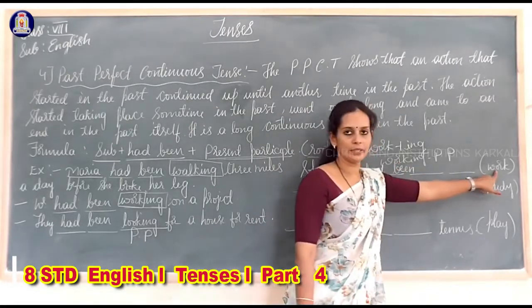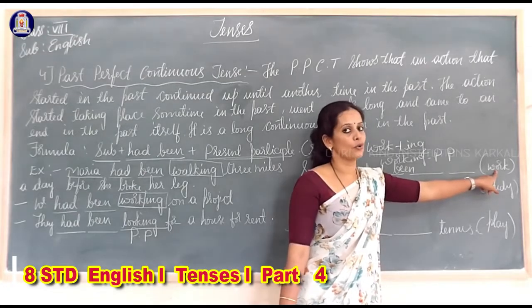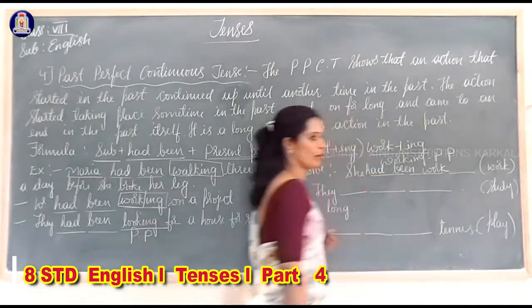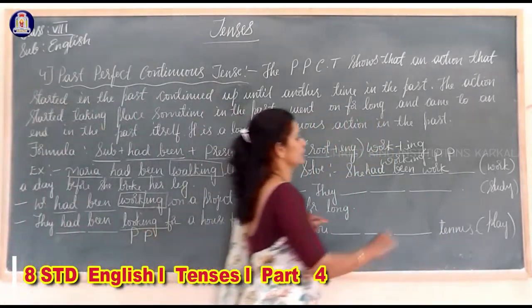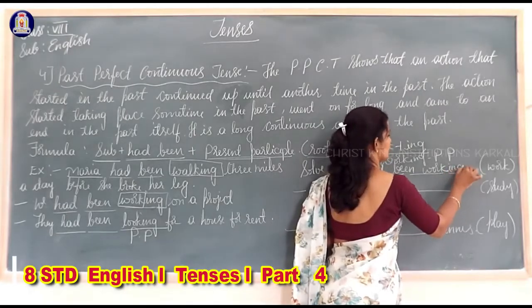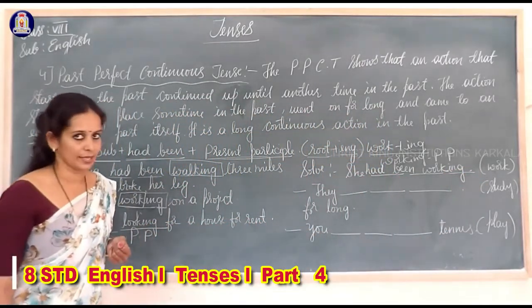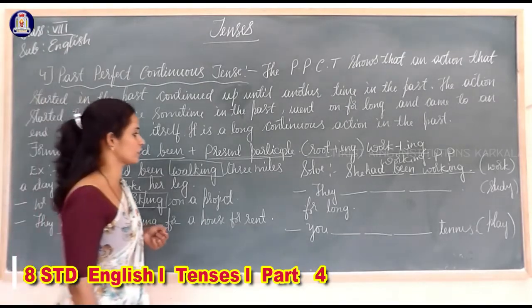What is work here? Work is the base form of the verb or root form of the verb. So, for the verb you have to add, what do you have to add? You have to add ing. Okay, so here add ing. You can complete this sentence then. She had been working. She had been working, which shows a long continuous action.